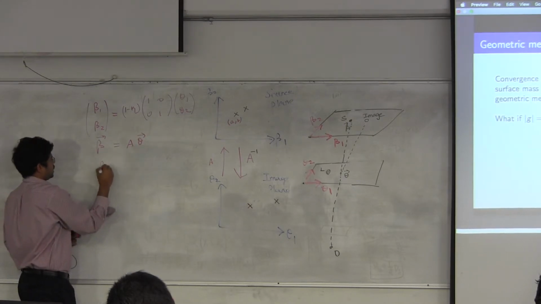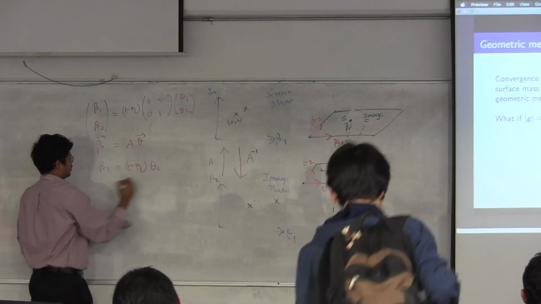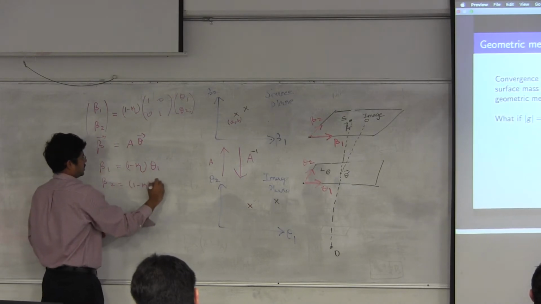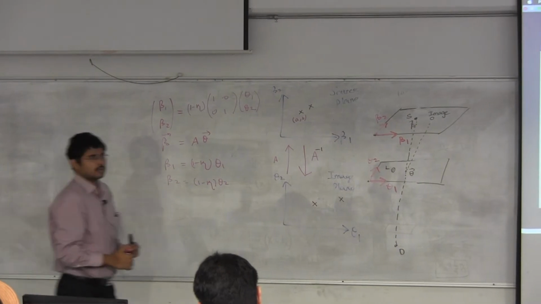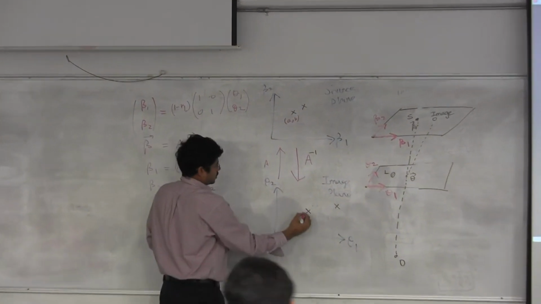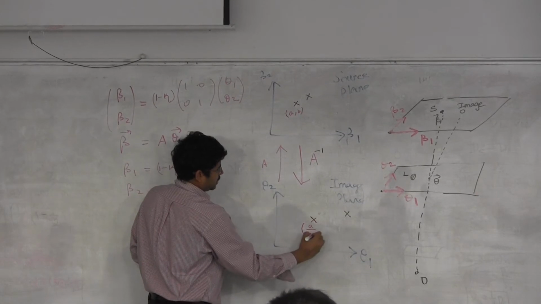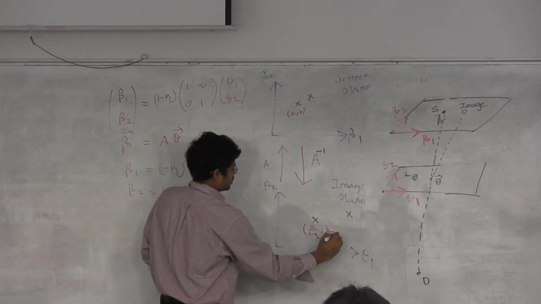And this would mean beta 1 is 1 minus kappa times theta 1, and beta 2 is 1 minus kappa times theta 2. So the corresponding point here would be A divided by 1 minus kappa and B divided by 1 minus kappa.